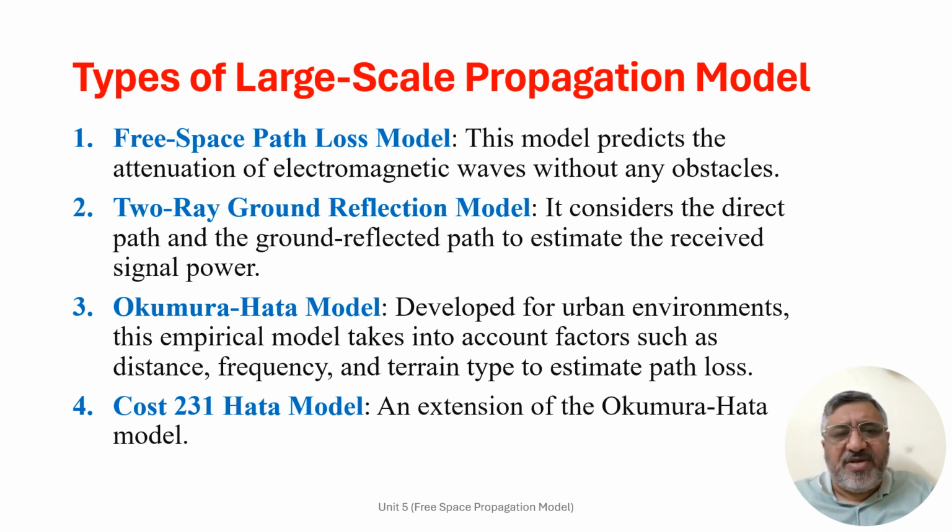And then finally, the COST 231 Hata model is an extension of the Okumura-Hata model. The COST 231 Hata model incorporates further additional parameters such as base station height and frequency to improve the overall quality, accuracy, and reliability of the model.